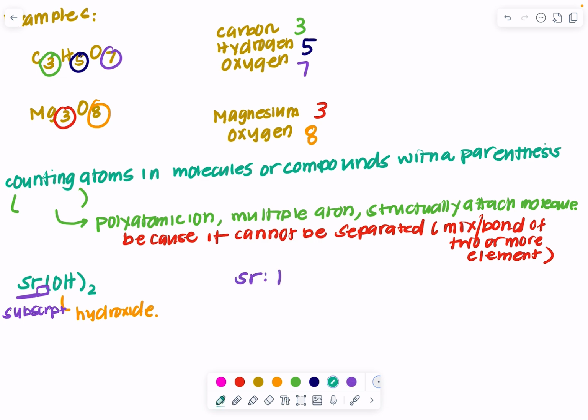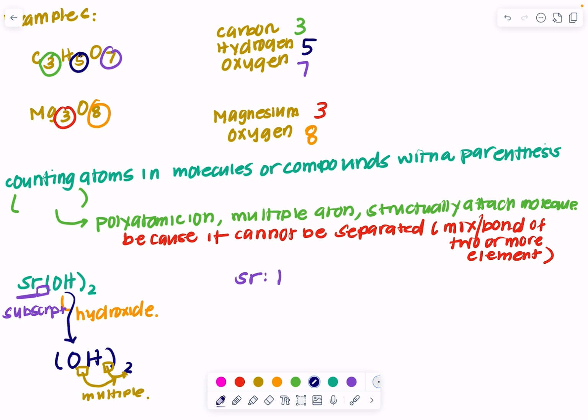But when something is inside the parentheses, remember it's probably going to be more than one element. Okay. We want to look at each individual subscript. In this case, each subscript is 1, and we want to multiply that by the subscript on the outside. That's going to give us the total number.